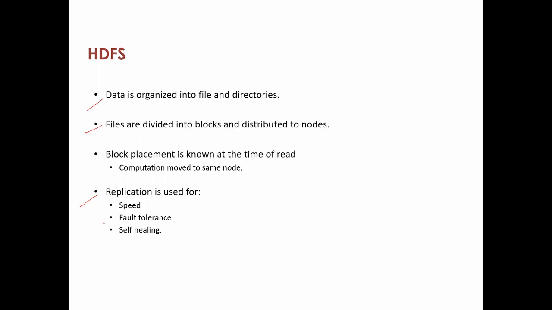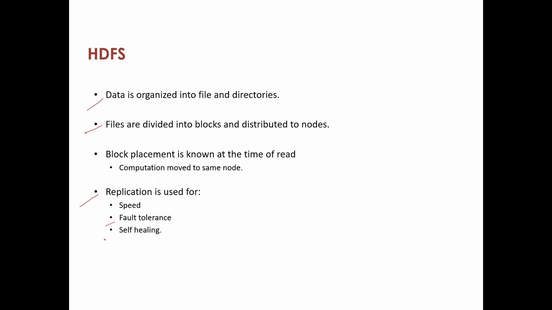Okay, and then it is used, of course, for fault tolerance, because if a particular machine with the block dies, there are still two other replicas of that block, and the job can be moved to one of those replica machines.